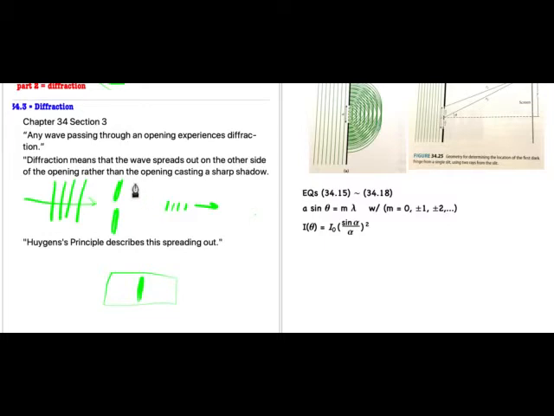So if you were standing right here and looking towards the hole, you would see nothing. But that's not what happens, because light is not a stream of particles. So this is all wrong.